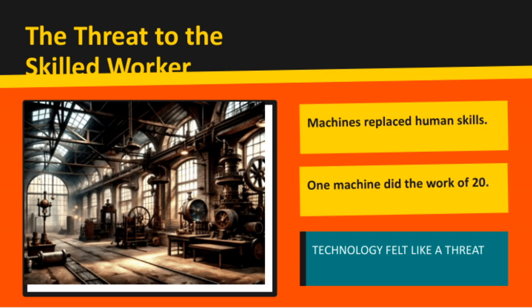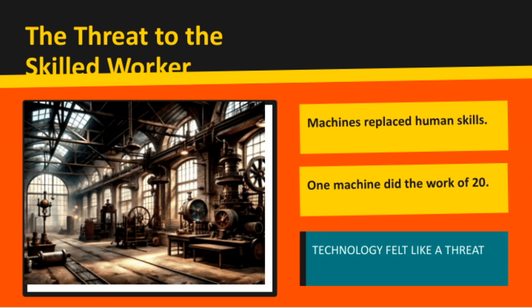When we first encountered these new technologies, it often felt like a threat. It's important to understand that one machine could do the work of 20 people, which was quite a shock at the time. This rapid increase in productivity meant that machines started to replace human skills in many areas. This shift raised real concerns about job security and the future of skilled workers. It wasn't just about automation replacing manual tasks.